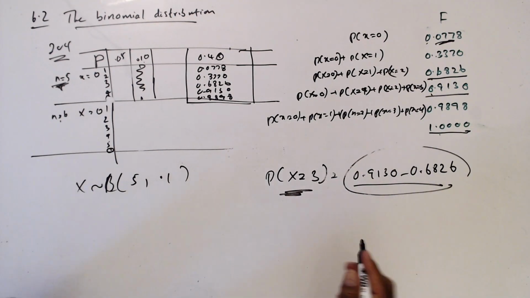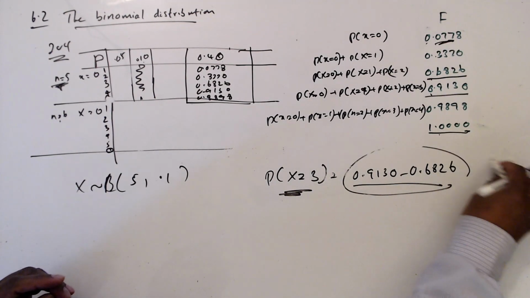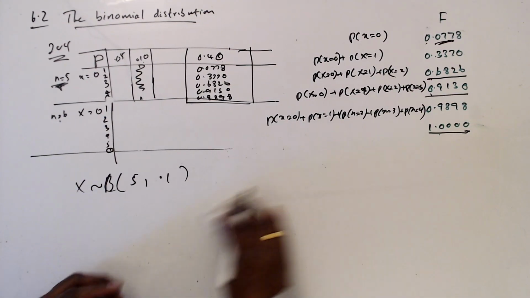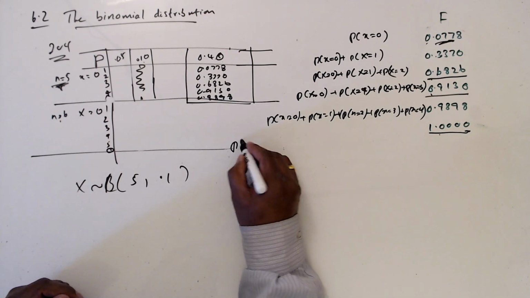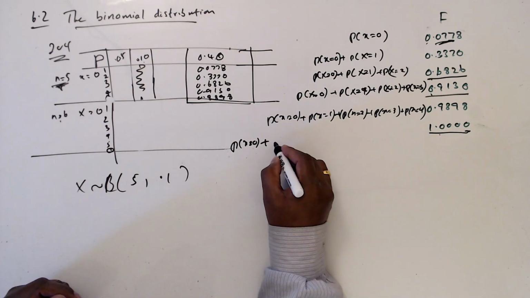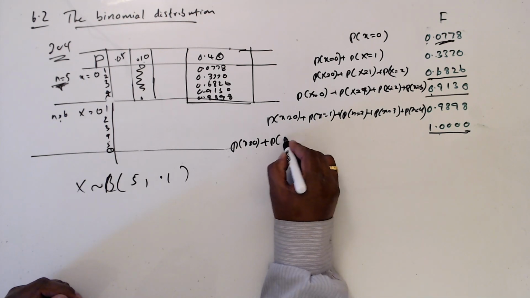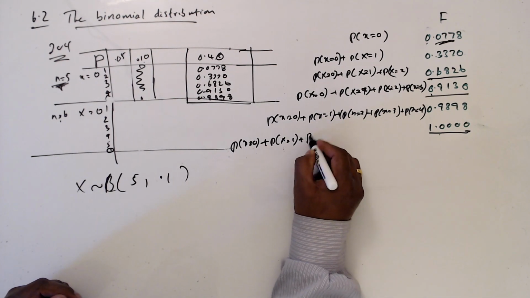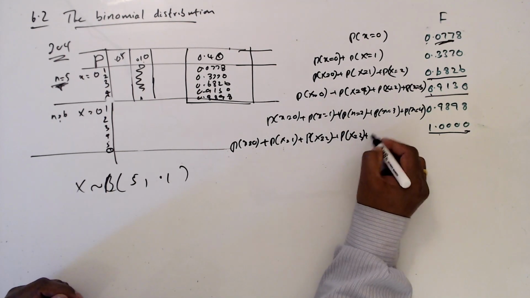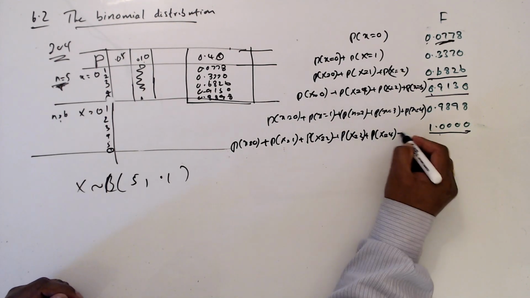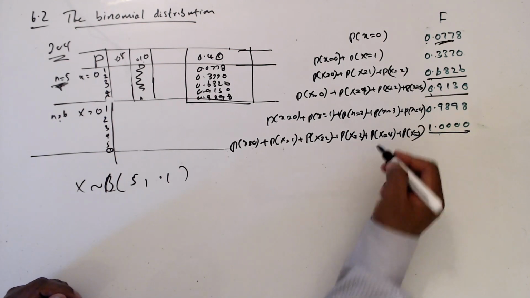And now this is probability of x equal 0 plus x equal 1 plus x equal 2 plus x equal 3 plus x equal 4 and probability of x equal 5.